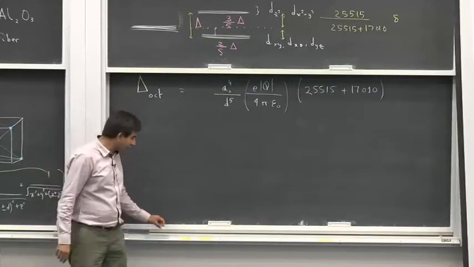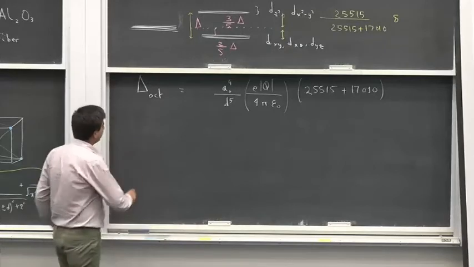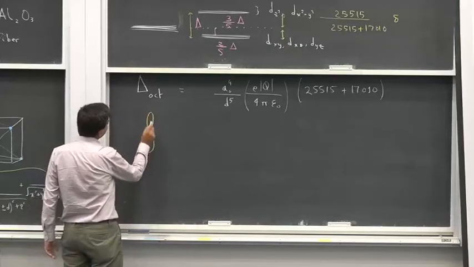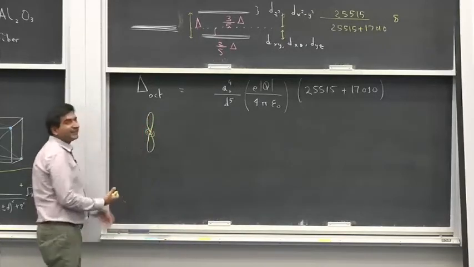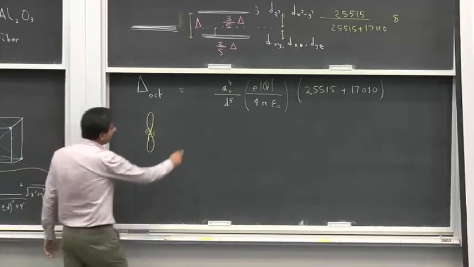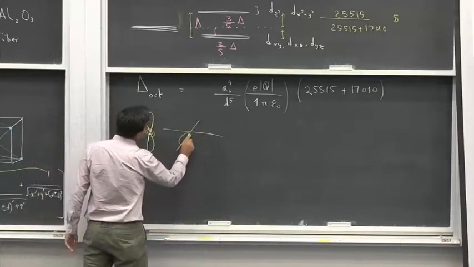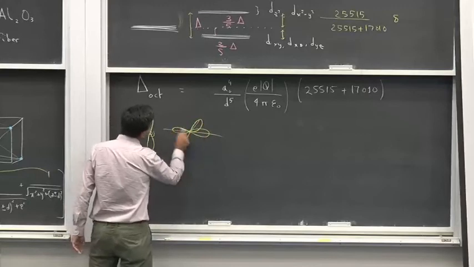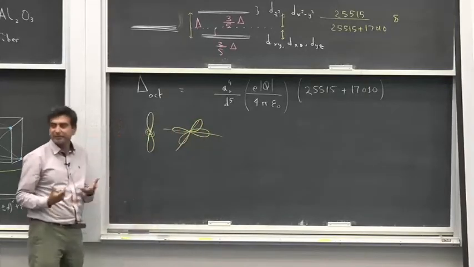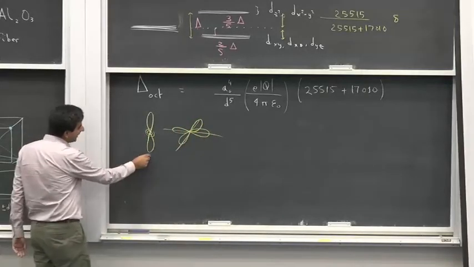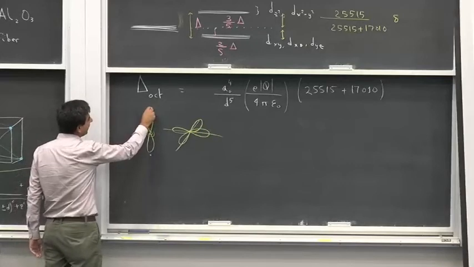Now if you want to look at this graphically, what's happening is you have the dz square orbital which is increasing its energy, and you have the dx square minus y square, that is increasing its energy, and this makes intuitive sense as well because the electron is placed here on this axis.